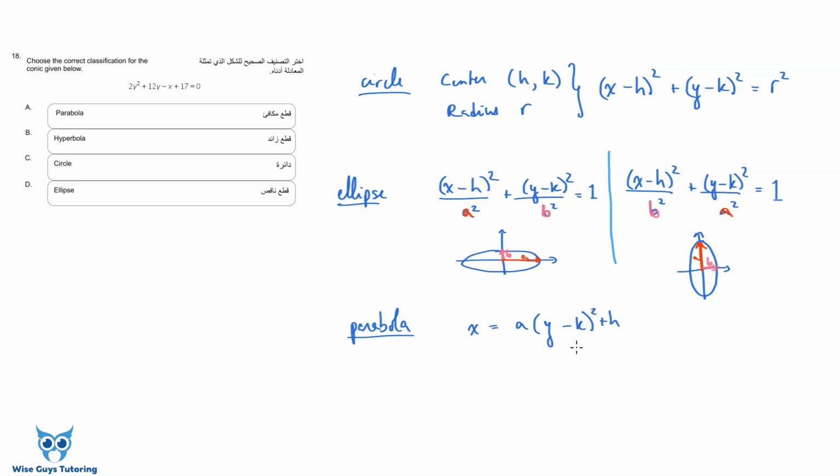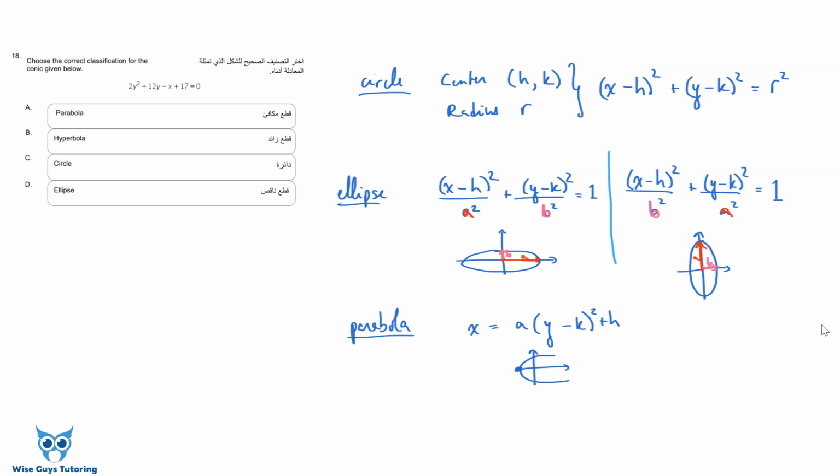Now in this case, it's not really a center. The h, k is going to be your vertex, which is the minimum or maximum of the parabola. And what that looks like is something like this. It's a sideways parabola. Okay, with the vertex being here. That's coordinates of this point will be h, k.